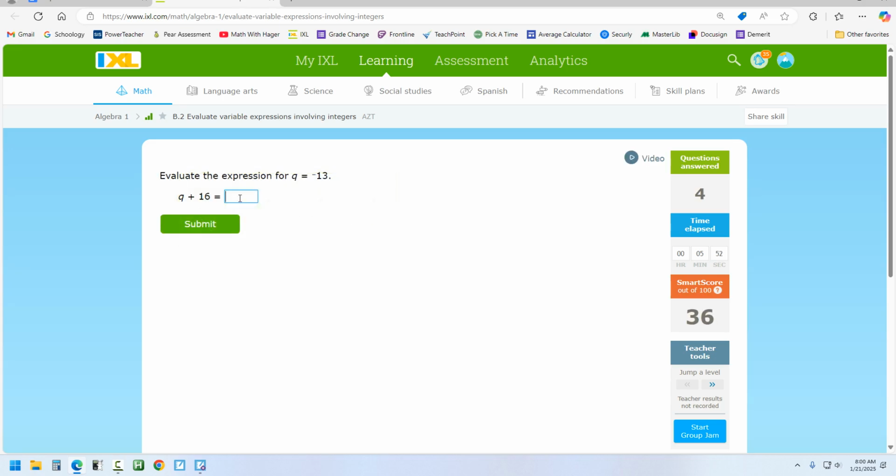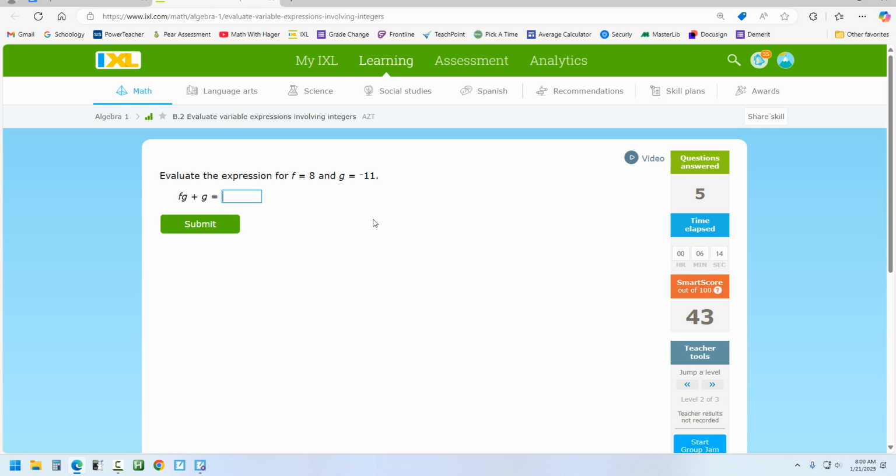Looks good. That's just another one similar to what we've done. Okay, so this one's a little different. This time, they're giving you 2 letters. So if they give you 2 letters, then you have to plug in 2 things.